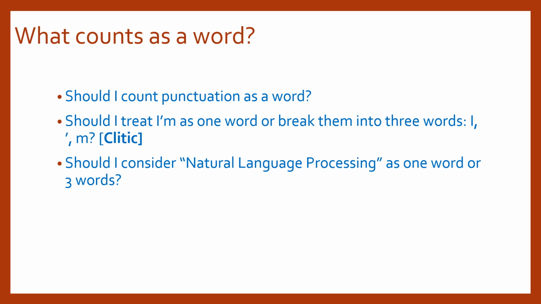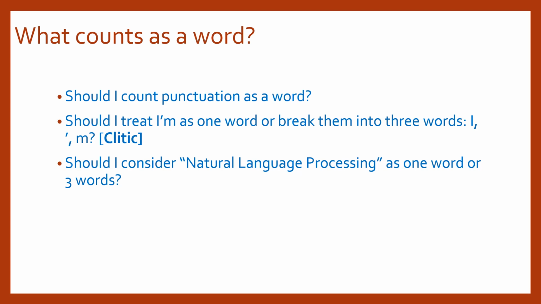Should I count punctuation as a word? Should I treat I'm as one word or break it into three: I, the apostrophe, and m? Or should I consider natural language processing as one word or three words?